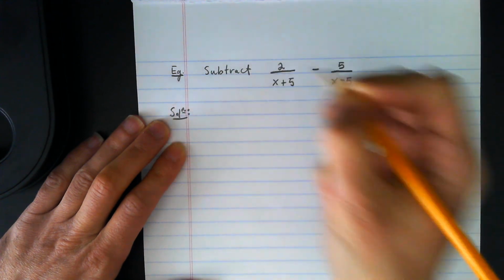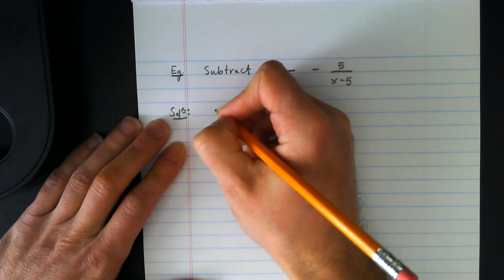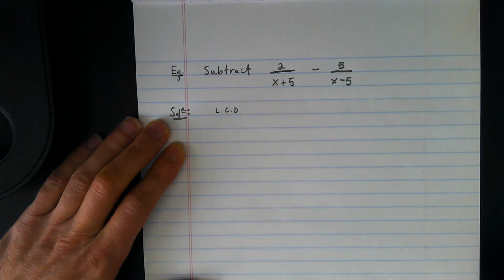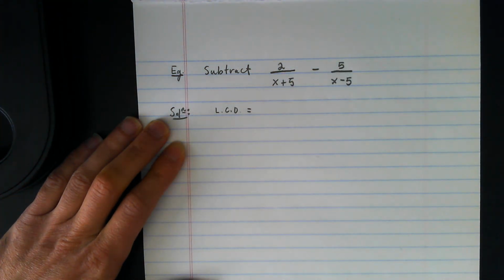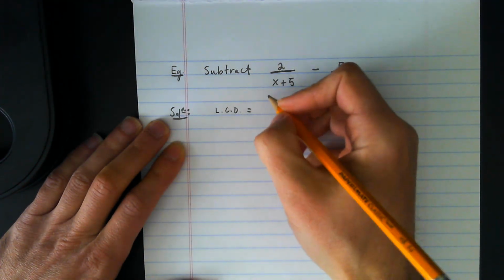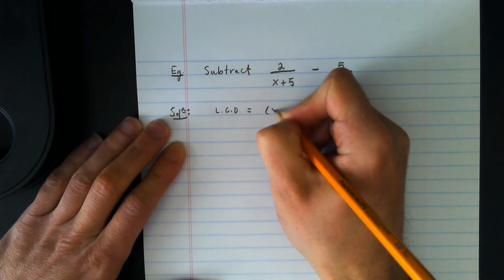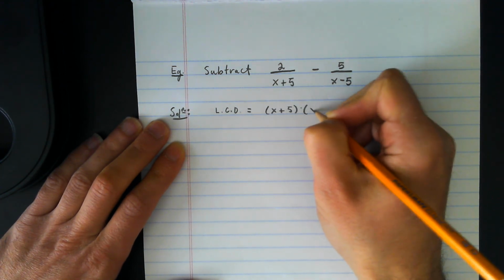Okay, so the first thing we're going to do is just state the least common denominator, the LCD. And we're going to use a little trick here. The reason we're writing this is because I'm just going to write LCD all the way through. So I've got an LCD of x plus 5 times x minus 5.